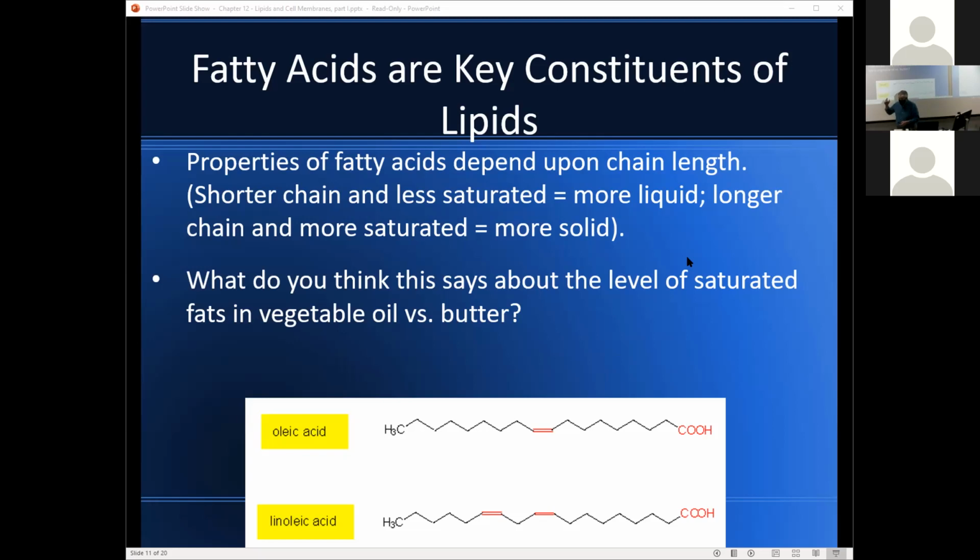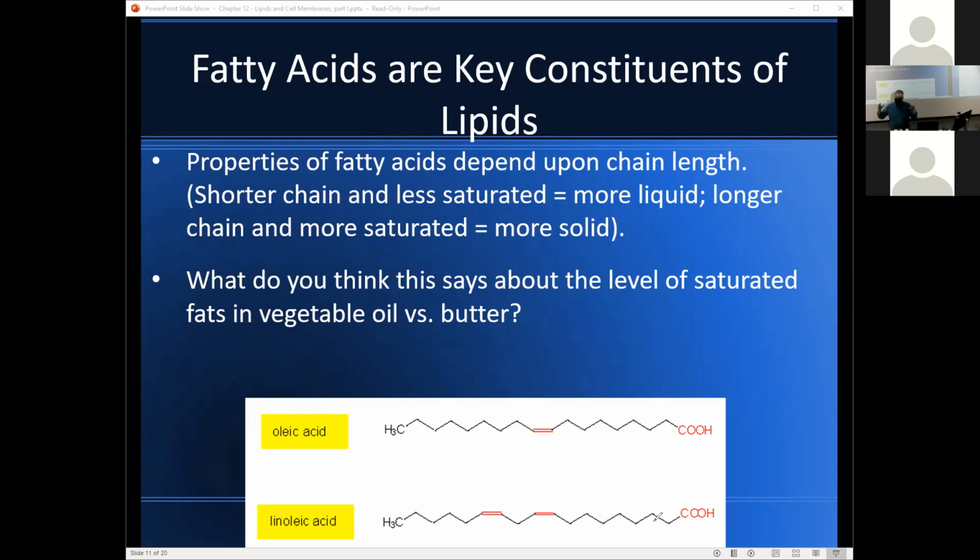So when fats are unsaturated, one thing that's not shown very well in this drawing is that a double bond in the hydrocarbon chain of a fatty acid puts a bend or a kink into that fatty acid chain. So these are still shown as straight chains, but actually these would be bent because of those double bonds.